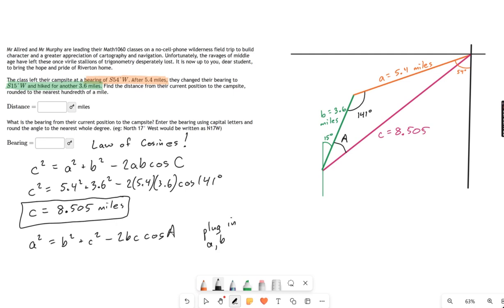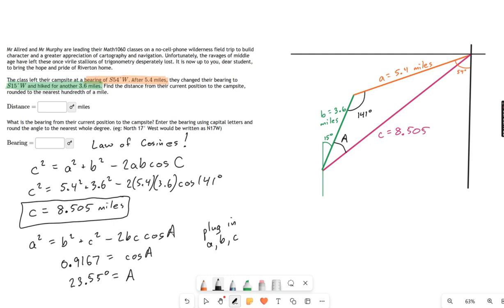Plug in a, b, and c. And what that's going to get you is the following. If you do your math carefully, for this problem, I got 0.9167 equals cosine A. And what that means is if you do inverse trigonometry, you're going to get 23.55 degrees equals A.